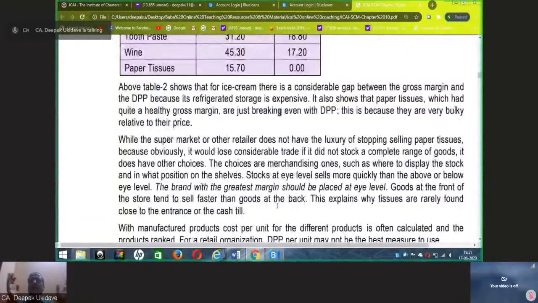Don't forget, one is DPP, direct product profitability, and second is customer profitability analysis, CPA. Both of them form part of section 2, which is doing profitability analysis. So we will tackle this particular case study on direct product profitability after the break. Thank you.